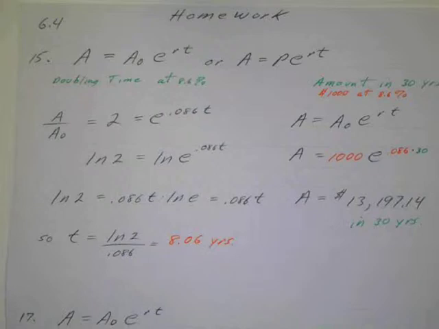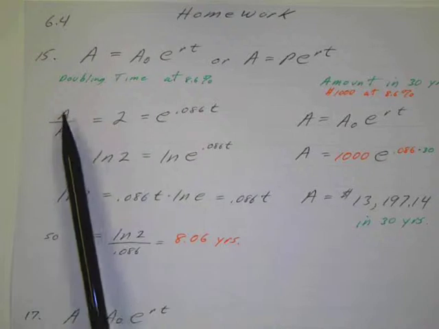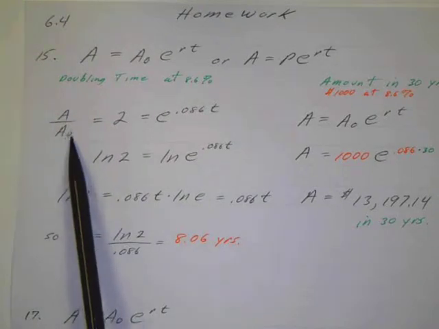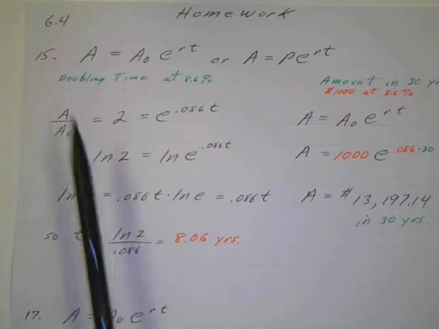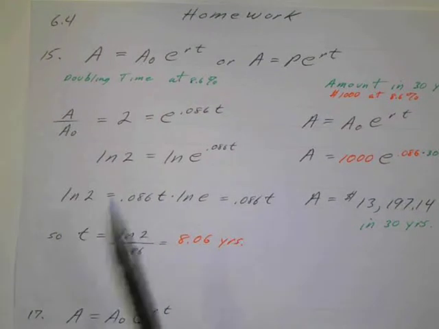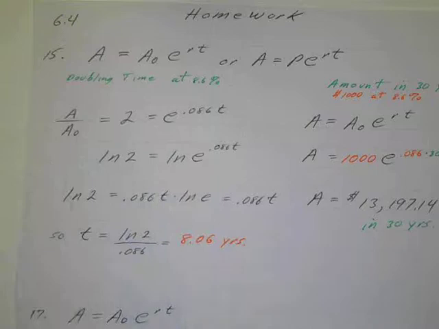So this is the doubling time, all right? So we want to see how long it takes for it to double. So if it's going to double, the ratio of the amount I have over the initial amount would be 2 to 1 because I doubled. I've got twice as much as what I started with, so I could just write this A over a sub 0 equals 2.